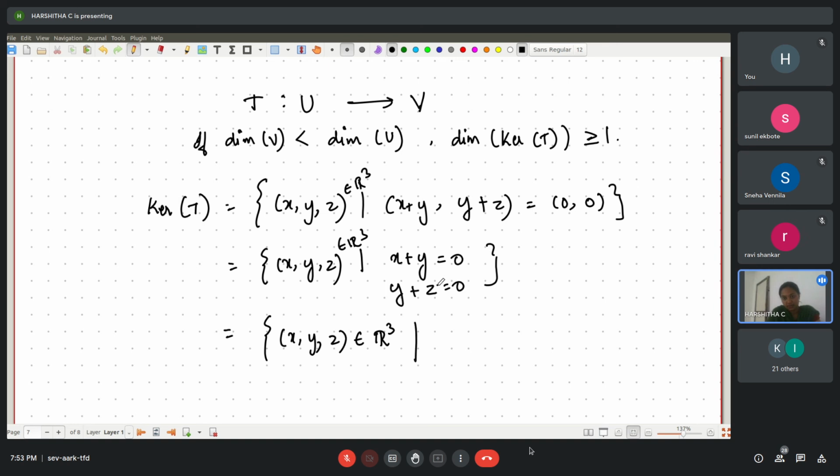So x plus y equal to 0 just means that y is equal to minus x, and z is equal to minus y, but minus y is nothing but x.